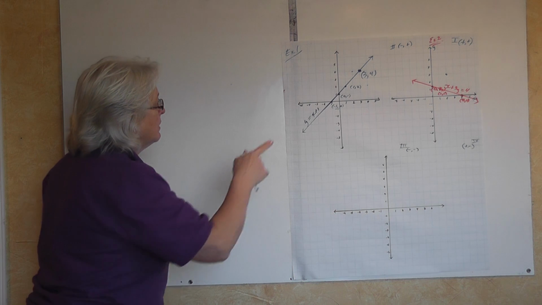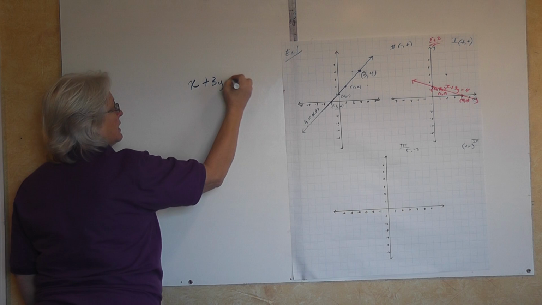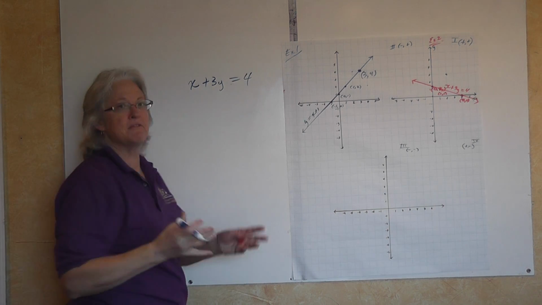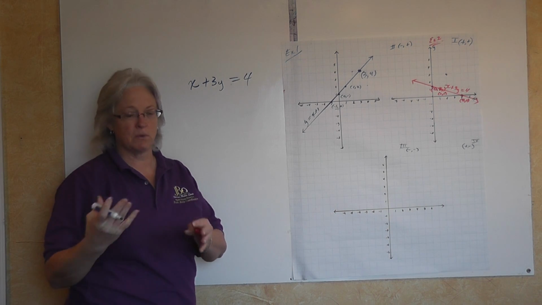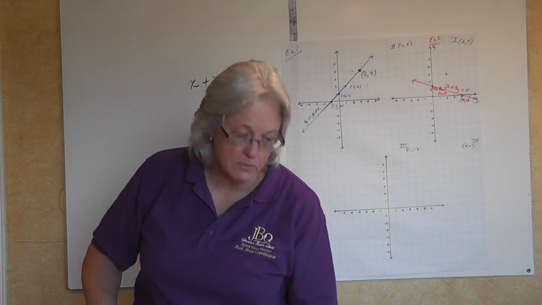Say that we have this equation here, x plus 3y is equal to 4. And they say find both intercepts without graphing.